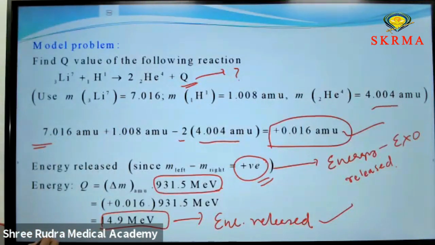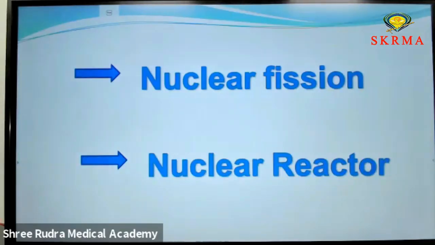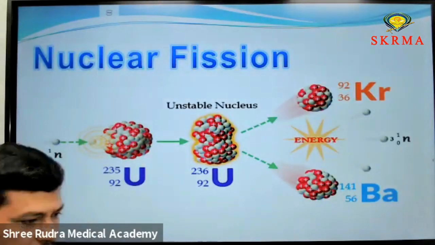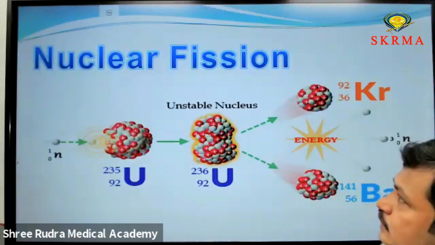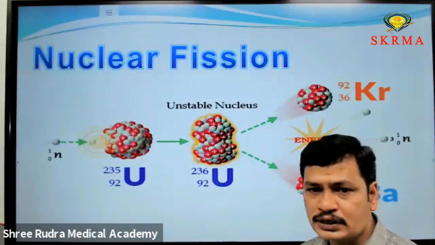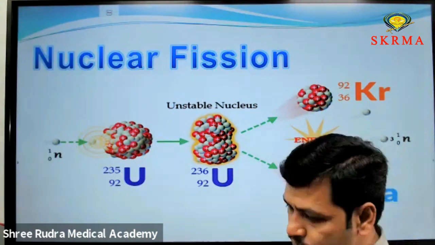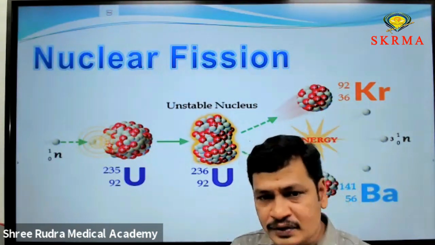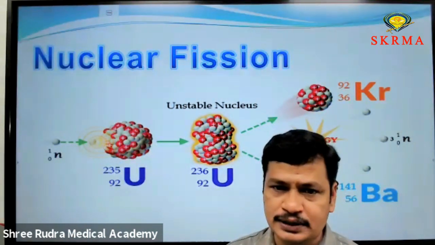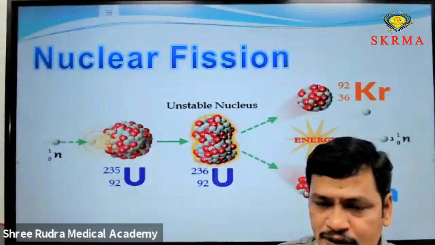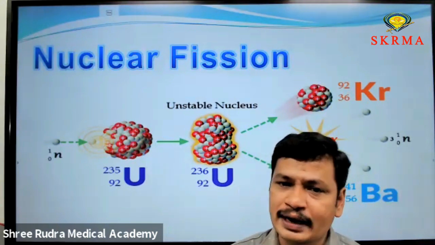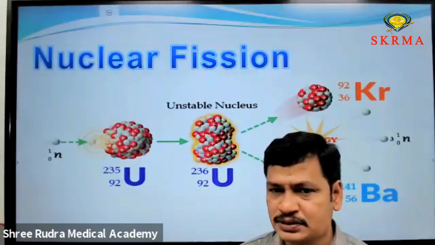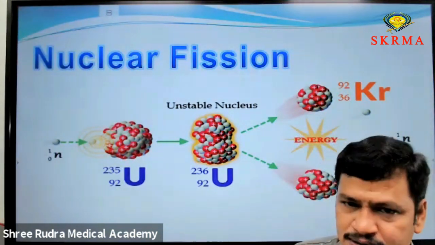The next concept is nuclear fusion as well as nuclear fission. First, let us discuss nuclear fission. What is nuclear fission? Nuclear fission is nothing but the heavier nuclei split into lighter nuclei, whenever the radio disintegration takes place, it releases different particles.